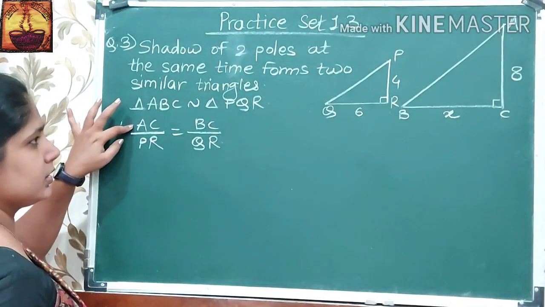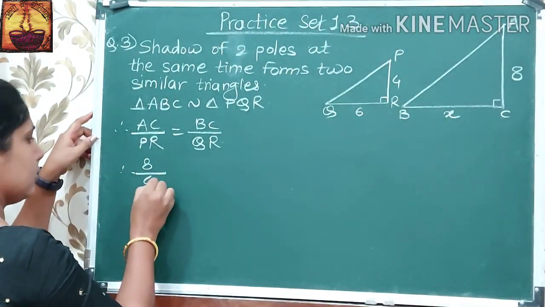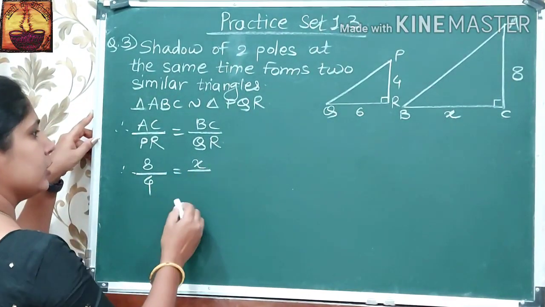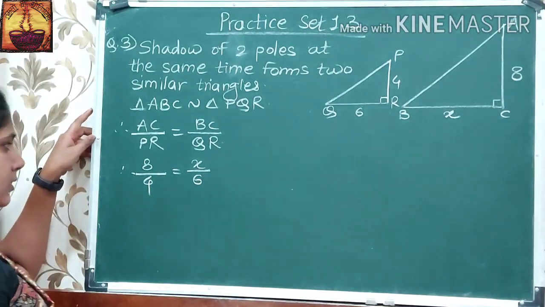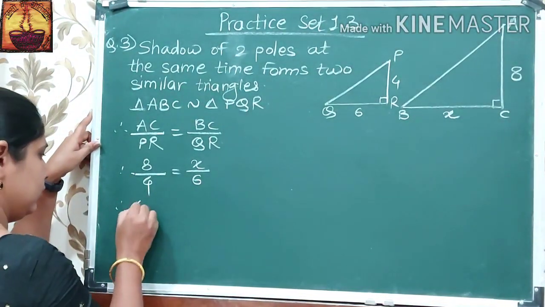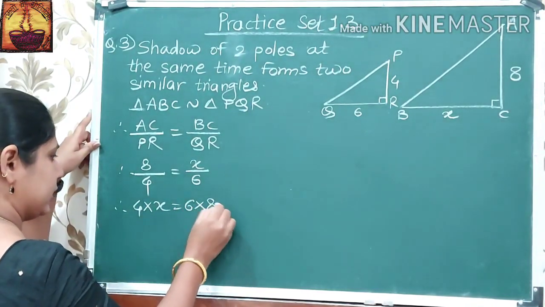We have here AC is equal to 8 and PR is 4. BC is X and QR is 6. Here by cross multiplication, 4 into X is equal to 6 into 8.